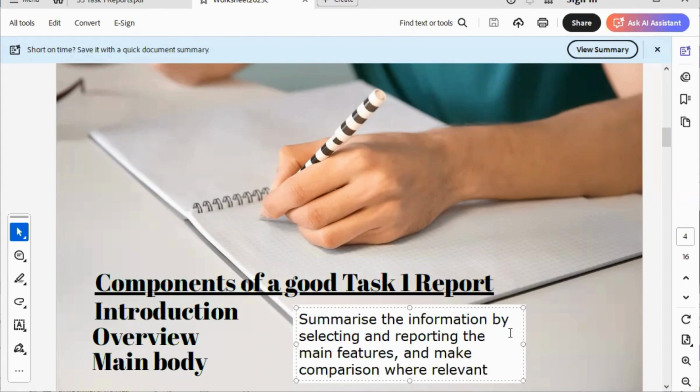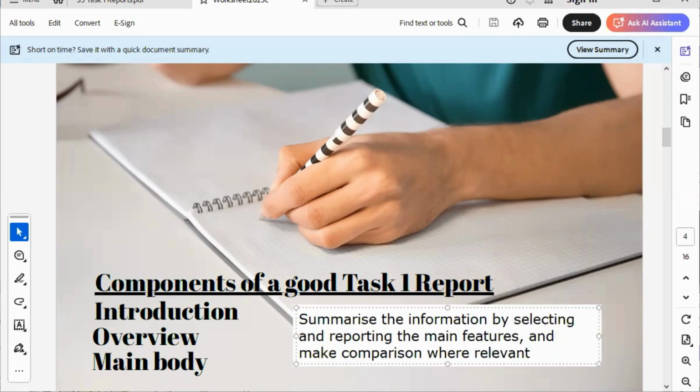We are going to see this show up in all academic task 1 questions. It will show up at the end. They will write it there at the end. Or they will say making comparison where relevant, or and make comparison where relevant. So what they are saying here is what you do in the main body.